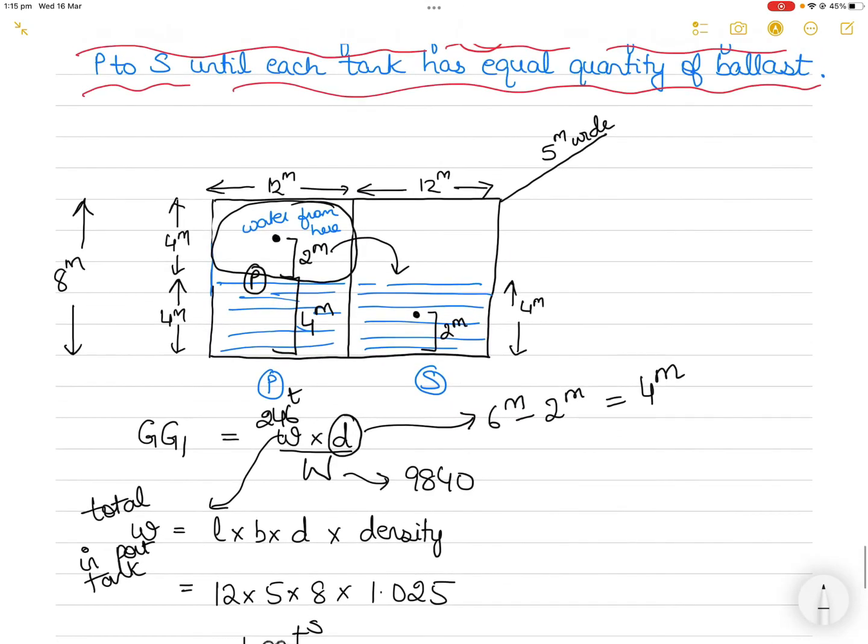Now when the water has shifted from a higher place to a lower place, naturally on the ship, this is the overall ship, right? And this is K and this is G. Any weight which has shifted downwards will pull the center of gravity towards the shift. In this case the water shifted downwards, from port to starboard, so the center of gravity of the ship will also come down.